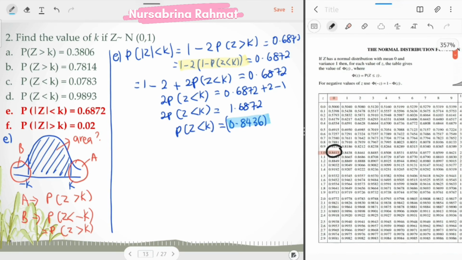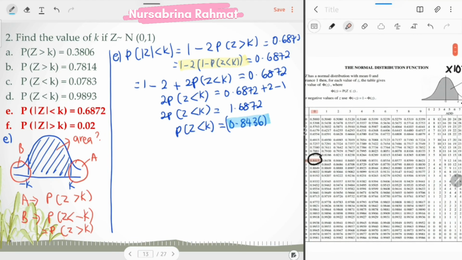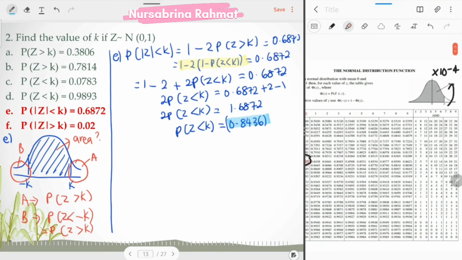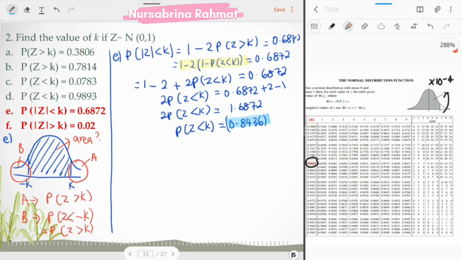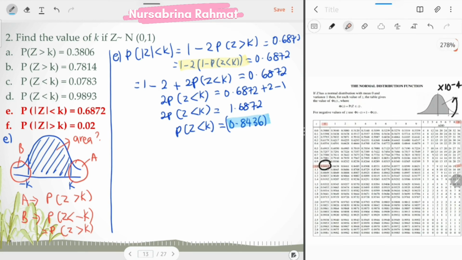So let's scroll across this 1.0. If there is a number close to 23, we don't have it, but we have 21, corresponding to the number 9. So let's write down your k. Your k is actually 1.009. So that is your k value.